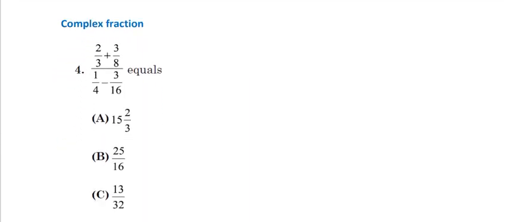Okay, for a complex fraction, we want to simplify it. To simplify a complex fraction, we want to get rid of the sub-denominators. Here the sub-denominators are 3, 8, 4, 16, right?